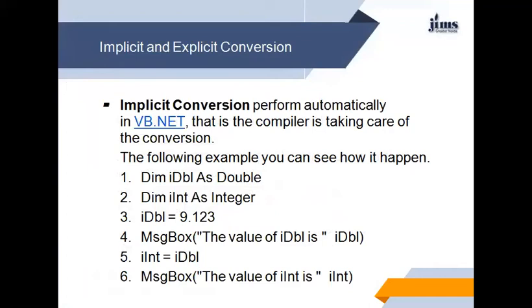In the first line we declare dVal as Double and int as Integer, and assign dVal the value 9.123 and print it. Then we assign this double value to the integer, so when we print the integer, it prints 9 rather than 9.123. So implicit conversion took place here.